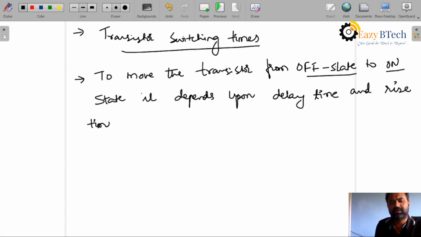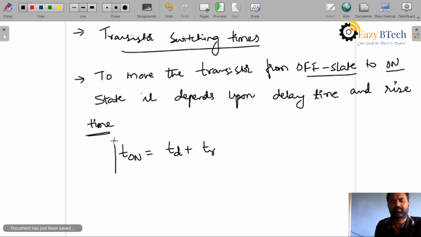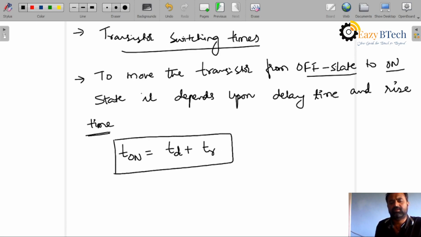That is T on, which is equal to TD plus TR. This is for off to on state.